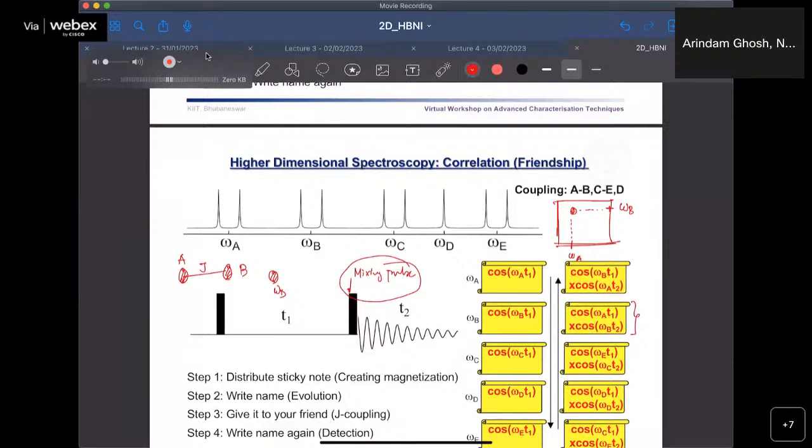If this is done using dipolar interaction, that means two dipoles interact in space, then the same 2D is going to be called NOESY. So therefore, it depends on what type of coupling you are exploiting to transfer the magnetization from one spin to another spin, either J coupled or dipolar coupled or quadrupolar coupled. Some amount of coupling you need to have, otherwise the multidimensional experiment will not work.